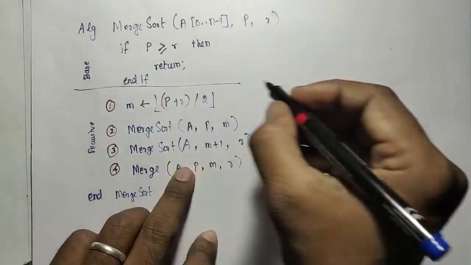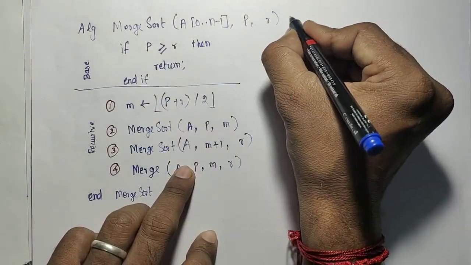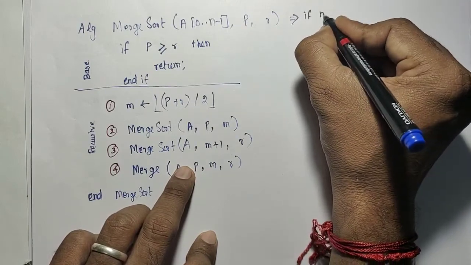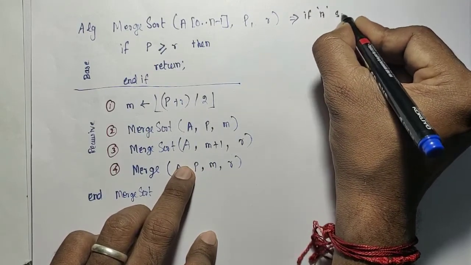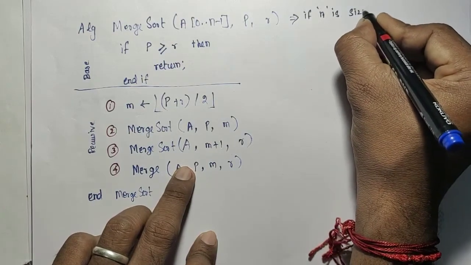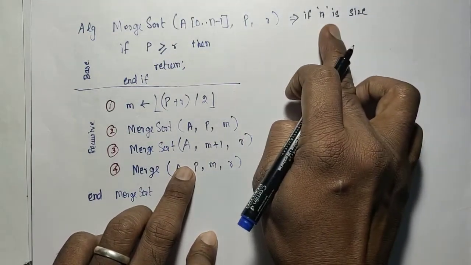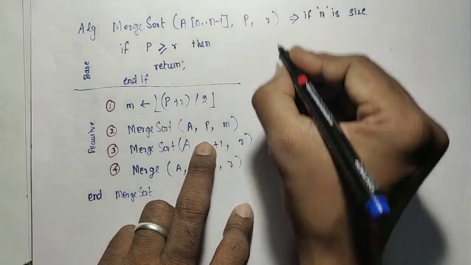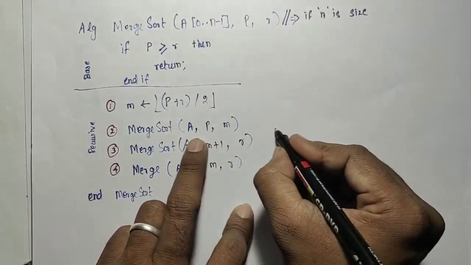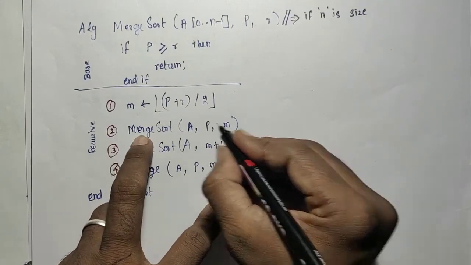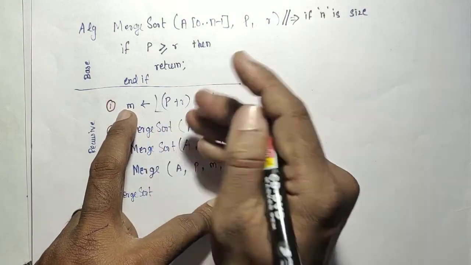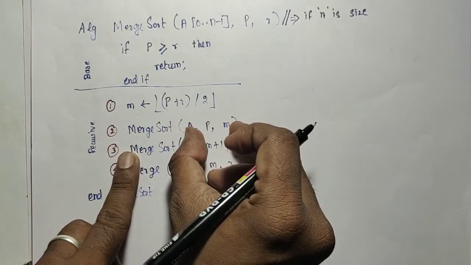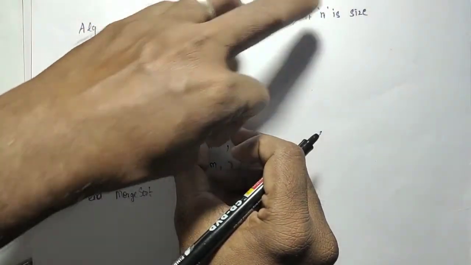And if you consider this size to be N, N is the size, so what will be the size of the merge sort call? M is calculated as the middle element, so for this merge sort call the size will be exactly N by 2, correct?